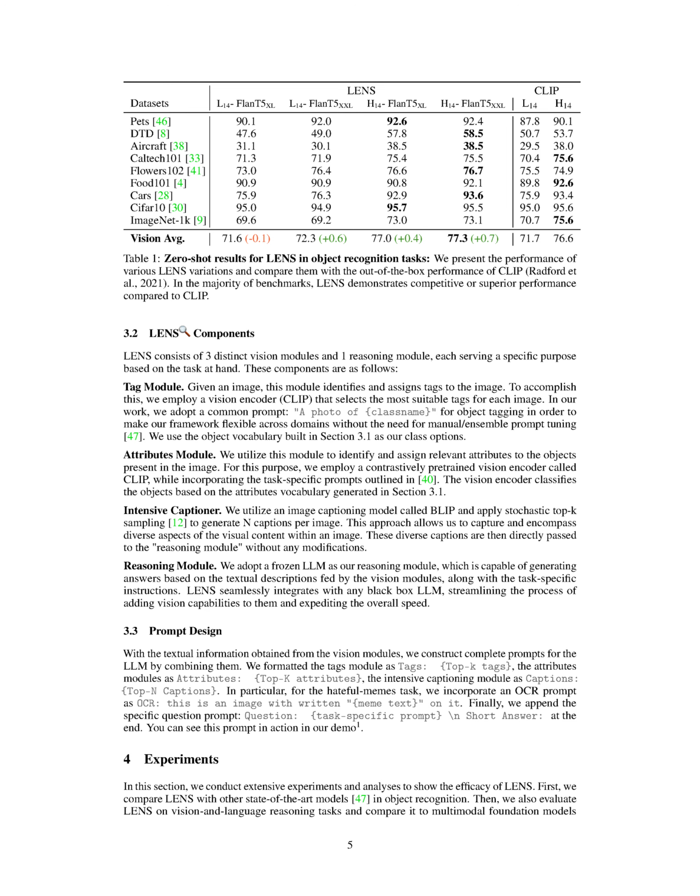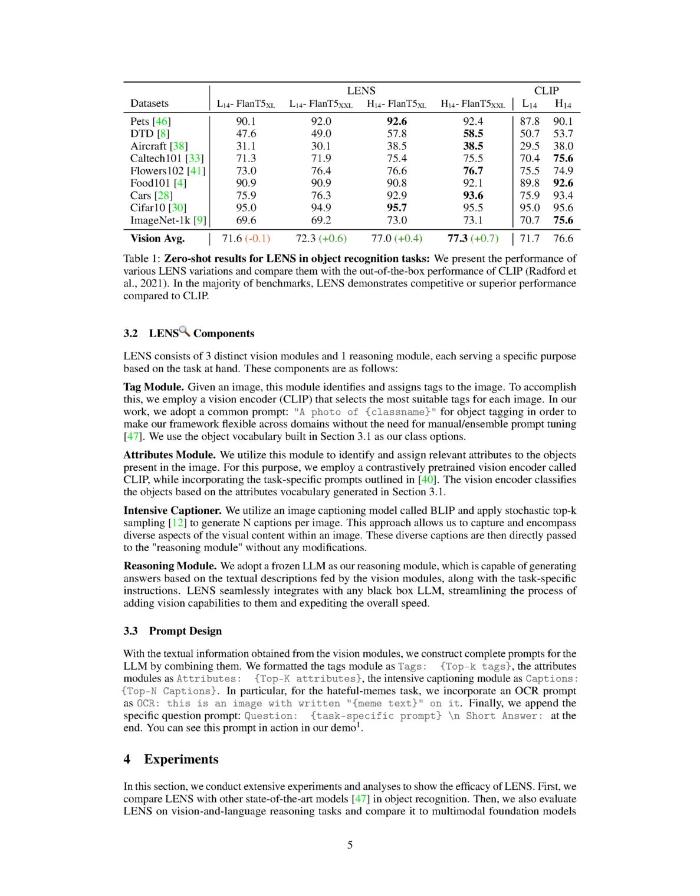We use a vision encoder, specifically CLIP, to select the most appropriate tags for the image. We've standardized our process by using a common prompt, a photo of class name, for object tagging. This ensures our system remains flexible across different domains without needing manual adjustments or ensemble prompt tuning. The objects we can tag come from the vocabulary we built in a previous section of our work.